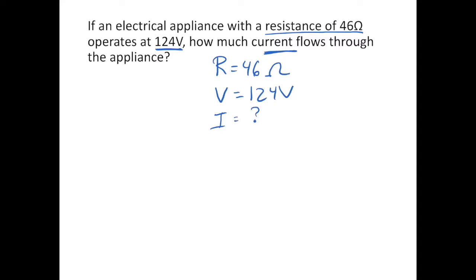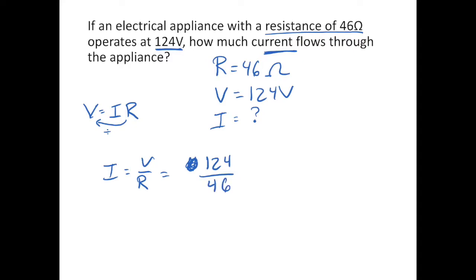All right, this uses Ohm's law. Our equation V equals IR. But we want to know what I is. So we have to take R to the other side through division. We get I equals V over R. All right, we plug these in. V is, not 4, is 124.